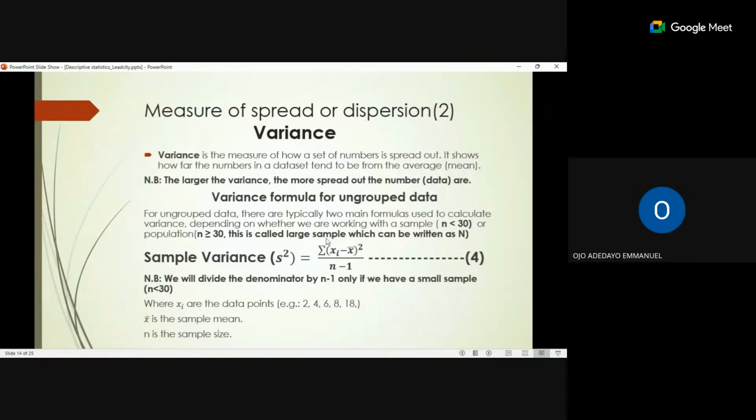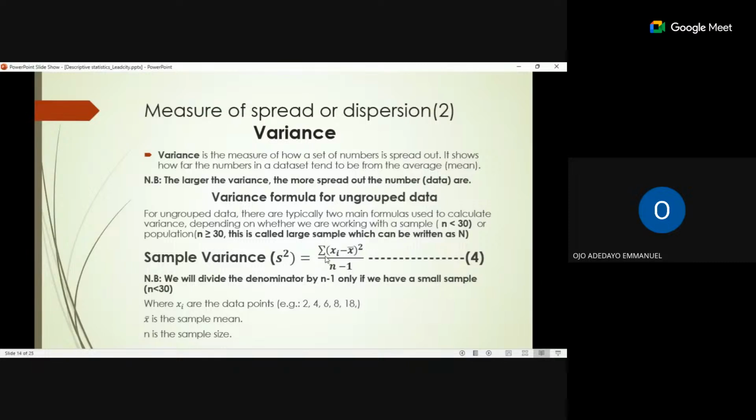Why am I dividing this by n minus 1? Because I have a small sample size. Remember that a small sample size is a sample that is less than 30. In that case, the variance is called the sample variance.